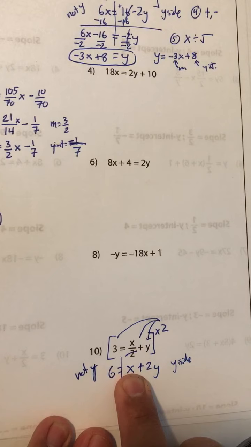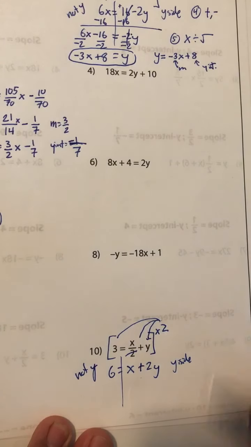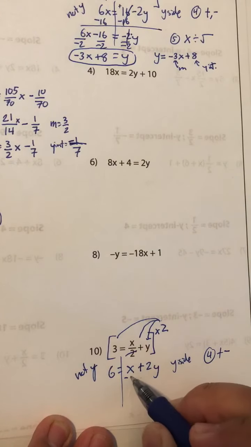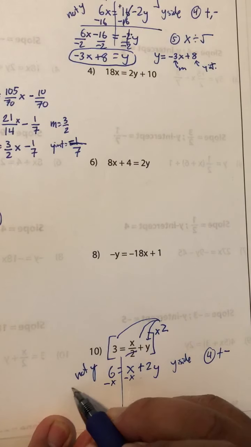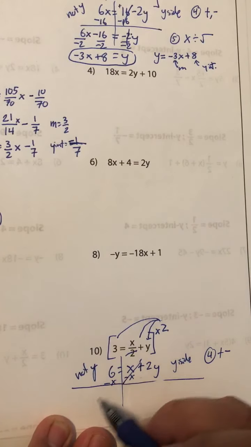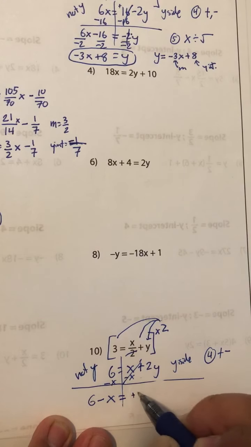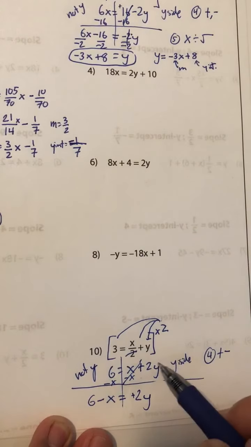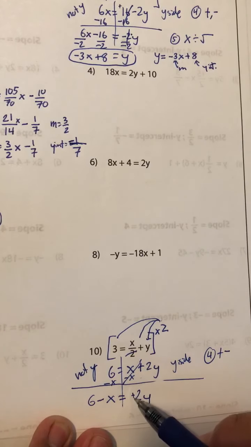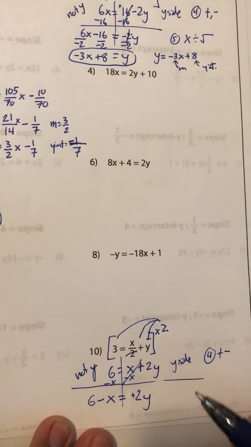This one is not a y, so that x should be over there. So this is step 4, which is my plus or minus. So I'm going to go minus x, minus x. So this is 6 minus x equals positive 2y. I just brought this down. I brought the positive down. It doesn't really matter here, but when it's negative, it does matter.